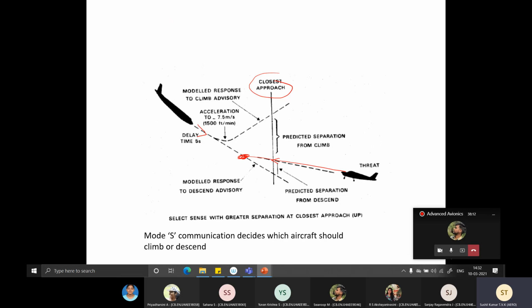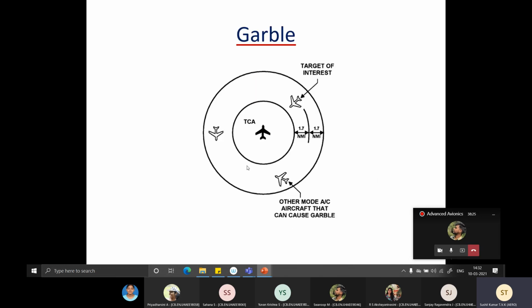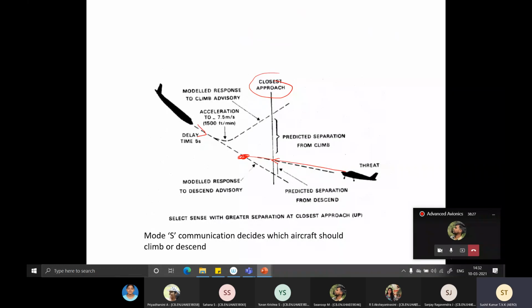So you fix this 20 seconds criteria, tau, and say, okay, before these aircraft cross these two points, I would like to take evasive action. By the time this threat aircraft reaches this point, some time has elapsed. So you decide that your own aircraft is going to climb up.